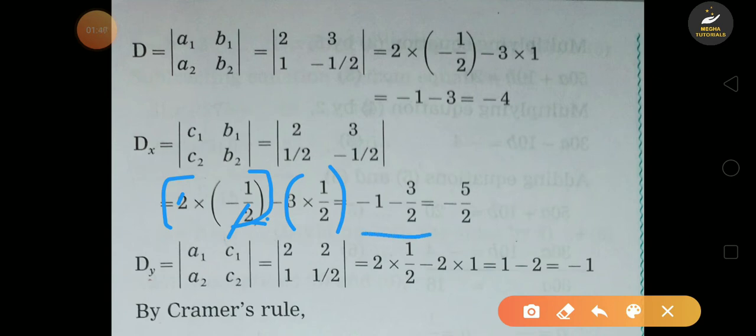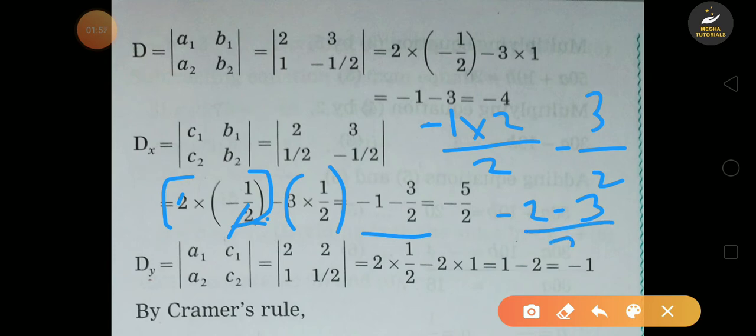Now in this case denominators are different, so you have to take LCM. So you will get minus 1 into 2 upon 2 minus 3 upon 2. So ultimately you will get minus 2 minus 3 upon 2, and in the next step you will get minus 5 upon 2.